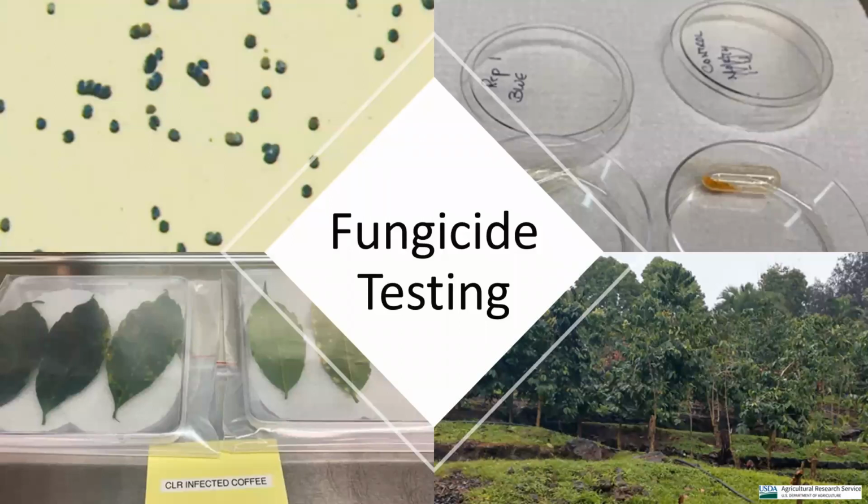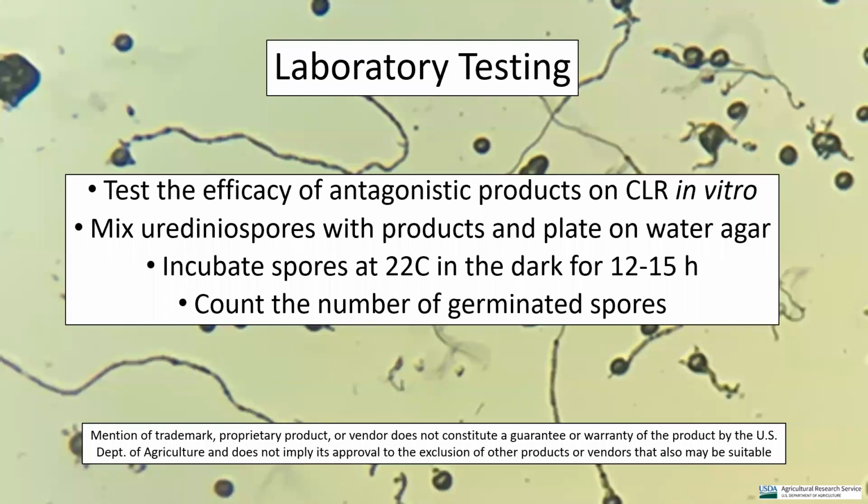Okay, so for the first topic, our fungicide testing. We start by looking at products in the laboratory to see the efficacy of these products against the spores themselves, to see if they'll inhibit germination. In the quick method, we have spores in a tube, we mix it with a product.